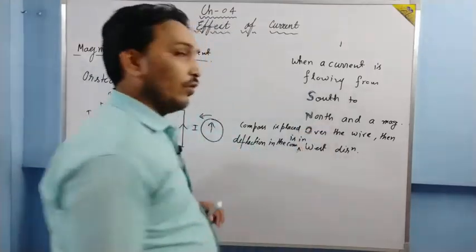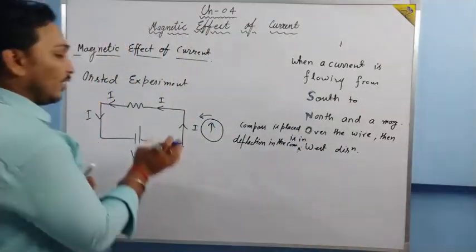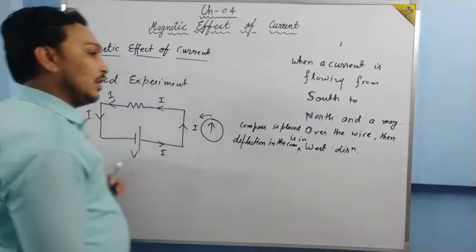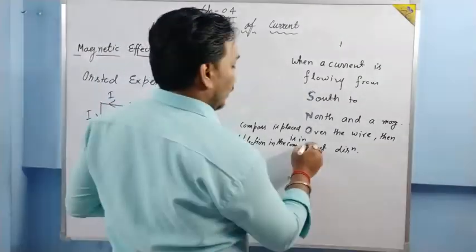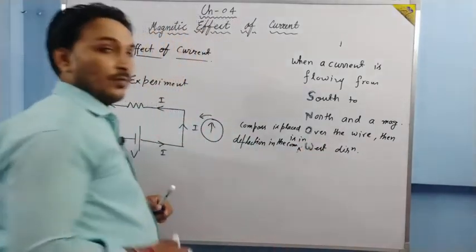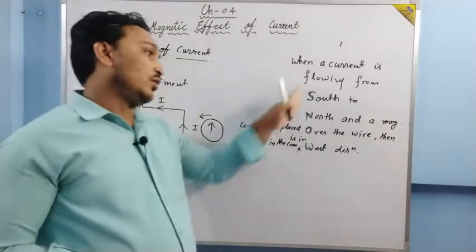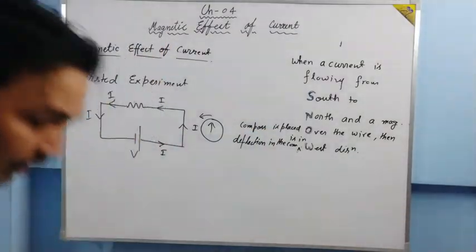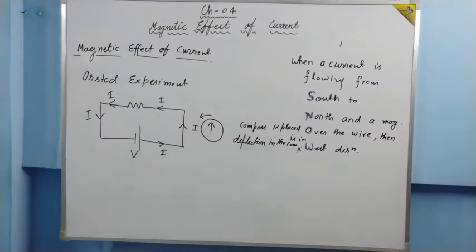This O is for over. Over the wire means the magnetic compass is placed somewhere here. Wire is below the magnetic compass. Then what we observe? We observe that the deflection in the compass is towards the west direction. So this is what the Snow rule is. Okay.